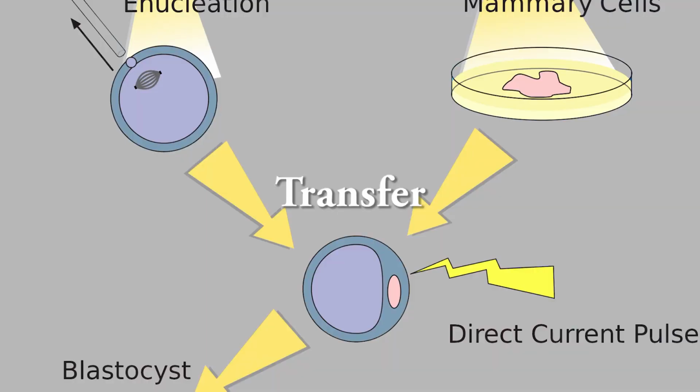In mammals, every somatic cell has two complete sets of chromosomes, whereas the germ cells have only one complete set, that is the haploid number, having only 23 chromosomes, whereas the somatic cells have 23 pairs of chromosomes. Transfer. How do we transfer?